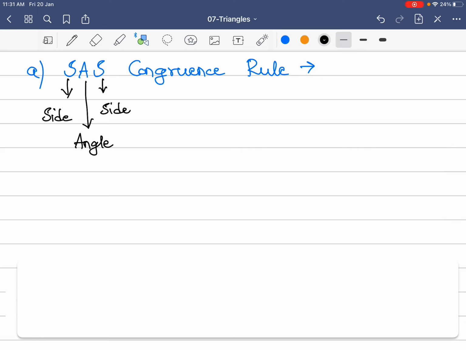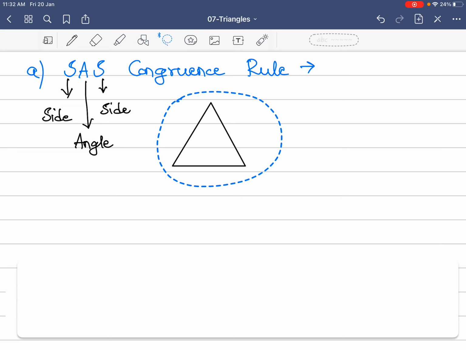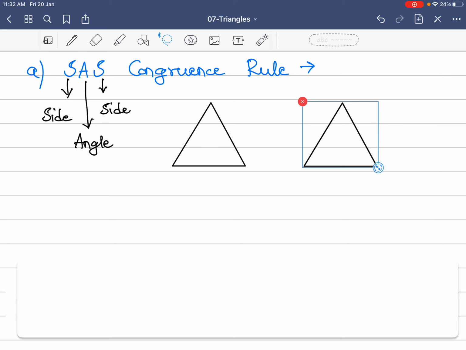Let us draw a triangle here. So let's say this is my triangle, and I'm going to create a copy of this triangle. Copy and paste. So these two triangles are obviously congruent to each other because I've created a copy of them. Now, that's not how we should think about it.